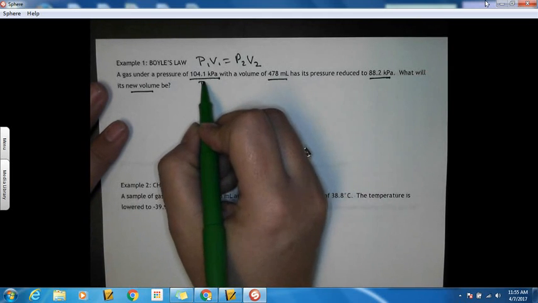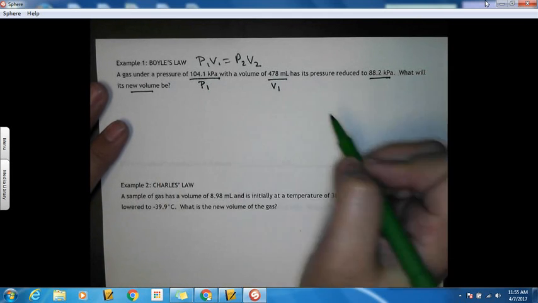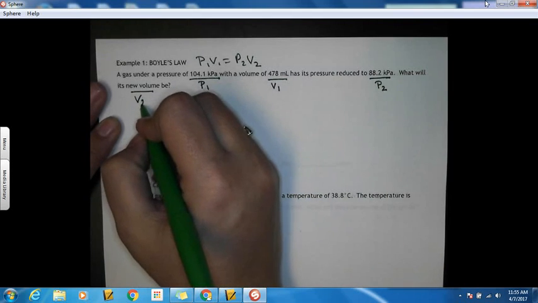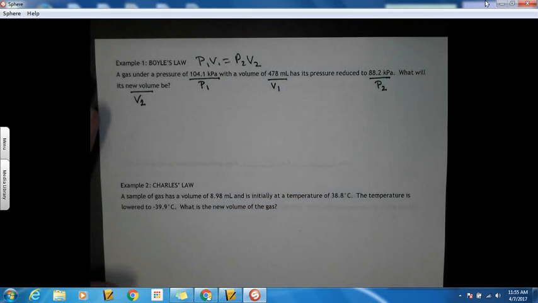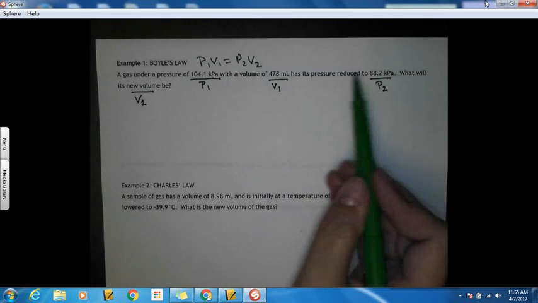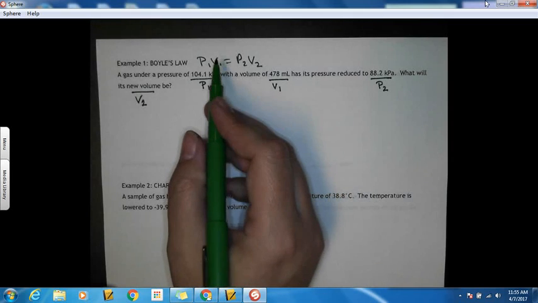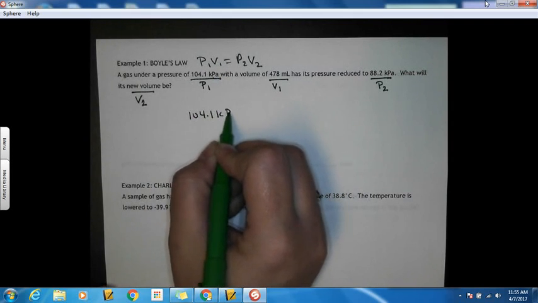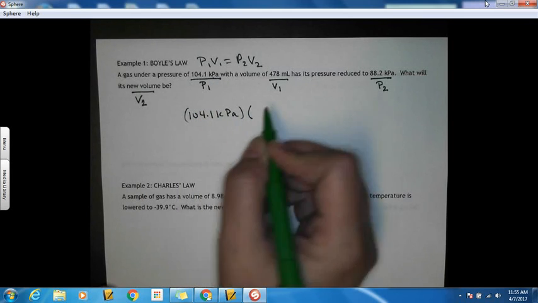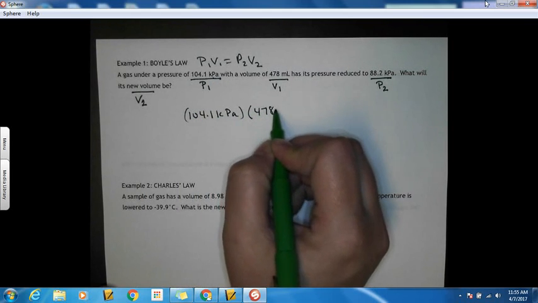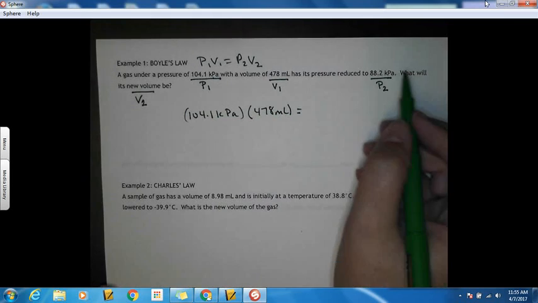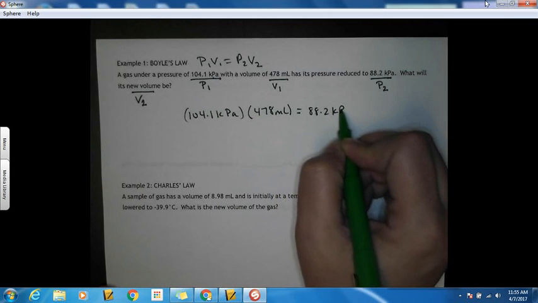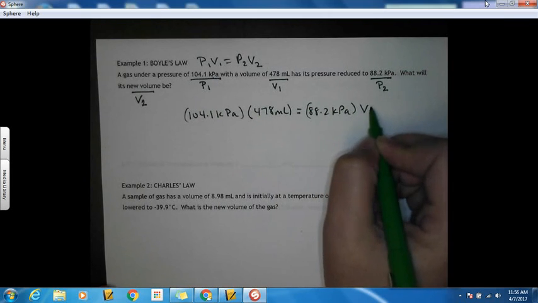So here we have P1, here we have V1, and then we're changing it, so that's P2, and our new volume would be V2. All right, so we have to make sure our pressure units are the same, and they are. So we can plug those into our equation. P1 is 104.1 kilopascals, our volume is 478 milliliters, our new pressure is 88.2 kilopascals, and then what will be our new volume?